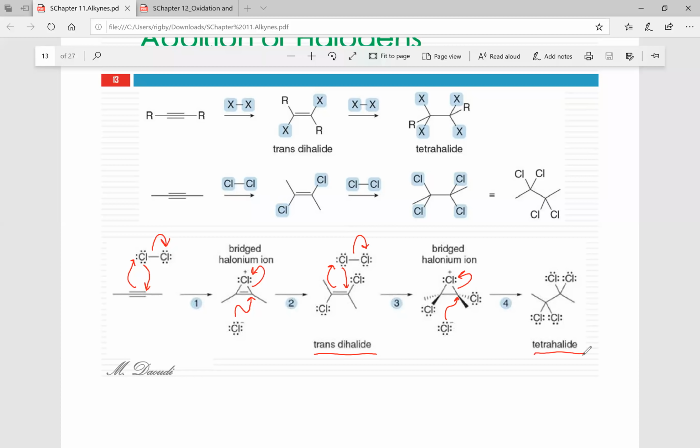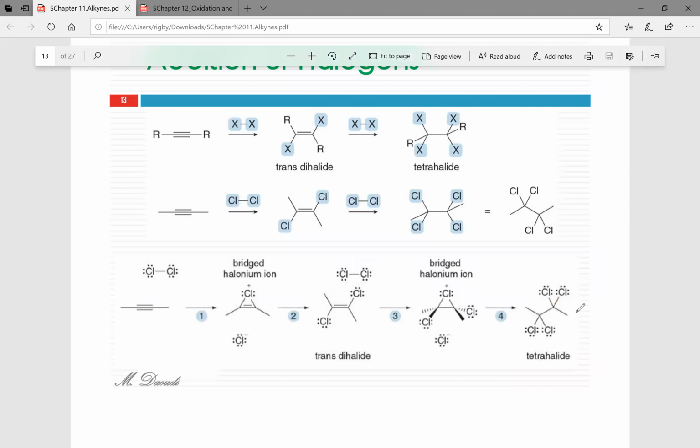And the reason why it doesn't particularly matter which carbon this halogen attacks is because we end up with a tetrahalide. And by the nature of the tetrahalide, it's going to have 2 of the same thing on either side. So no matter which carbon we attack, both carbons are going to end up with 2 halogens that are exactly the same, okay?